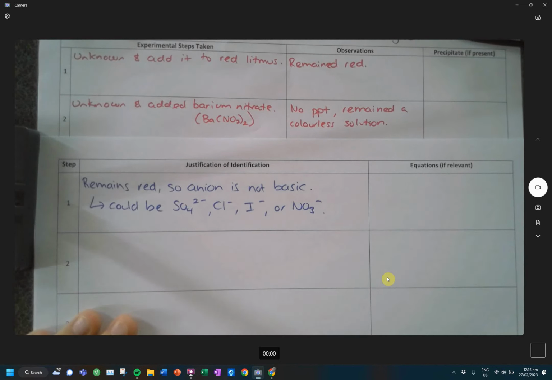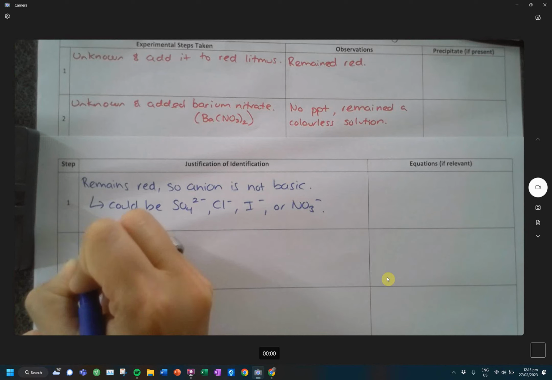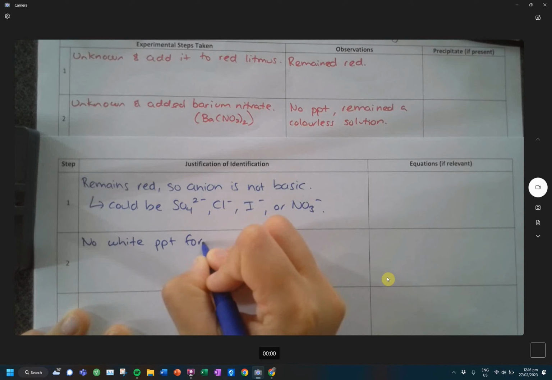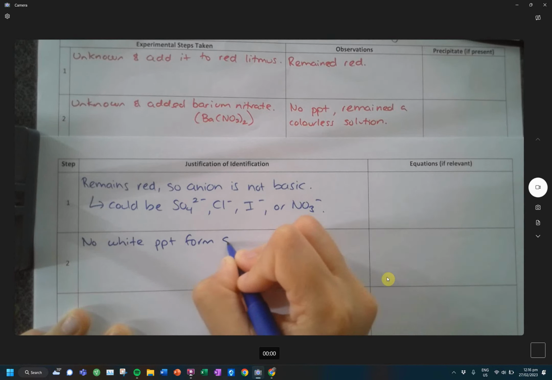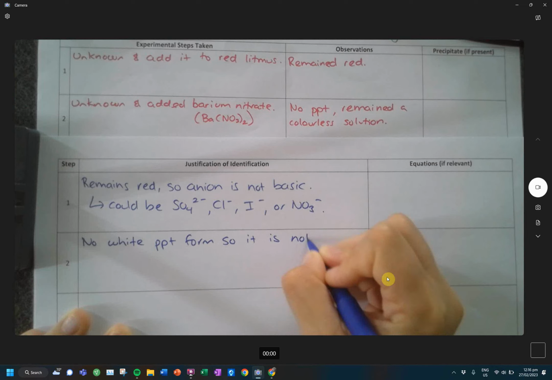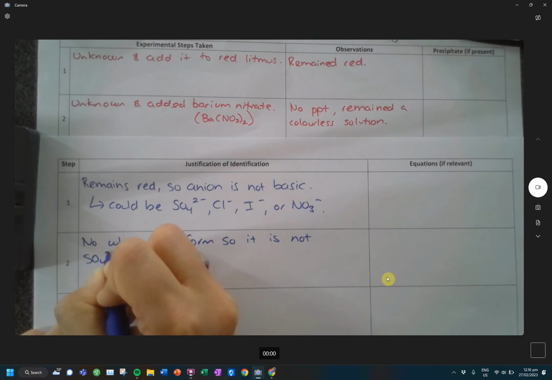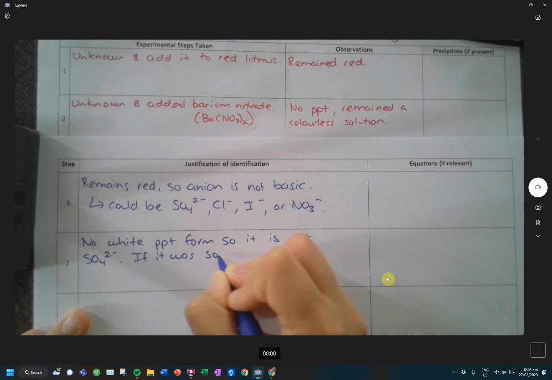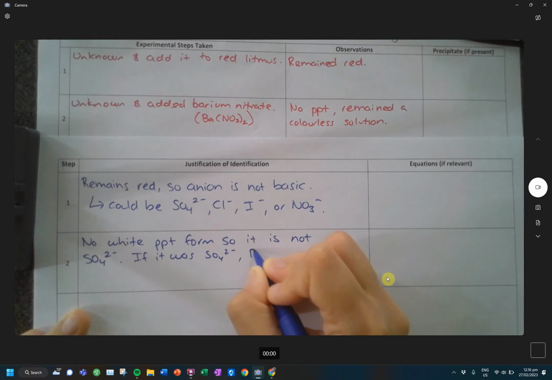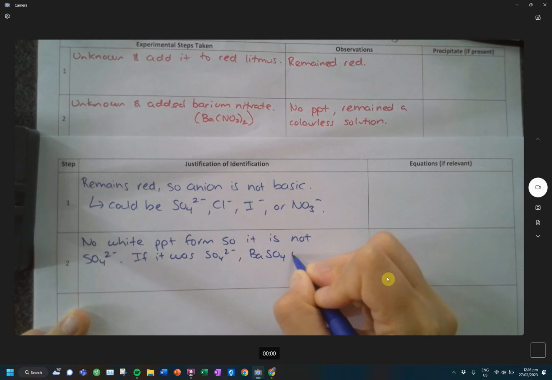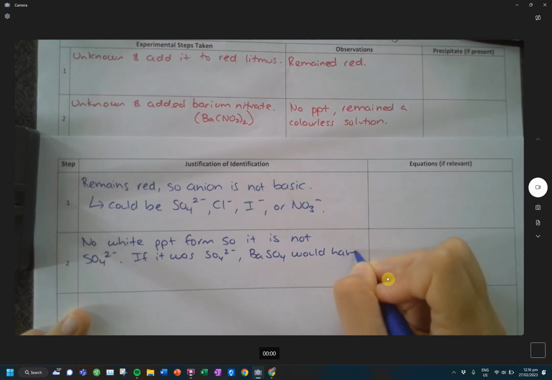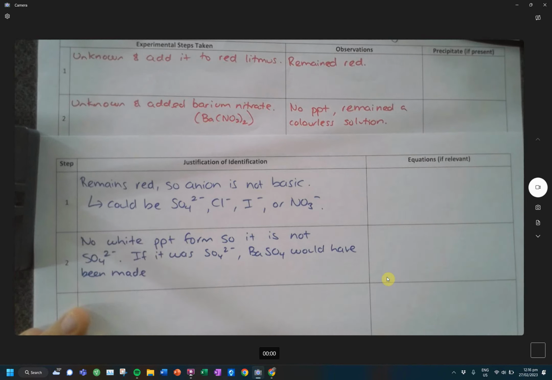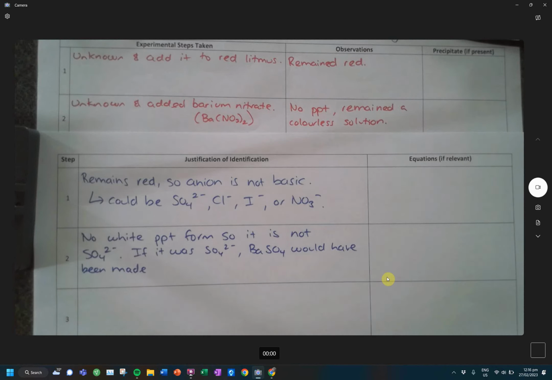So again, what is our justification? No white PPT formed, so it is not SO4 2-. If it was SO4 2-, barium sulfate would have been made, and based off of solubility rules, it would be my white precipitate.